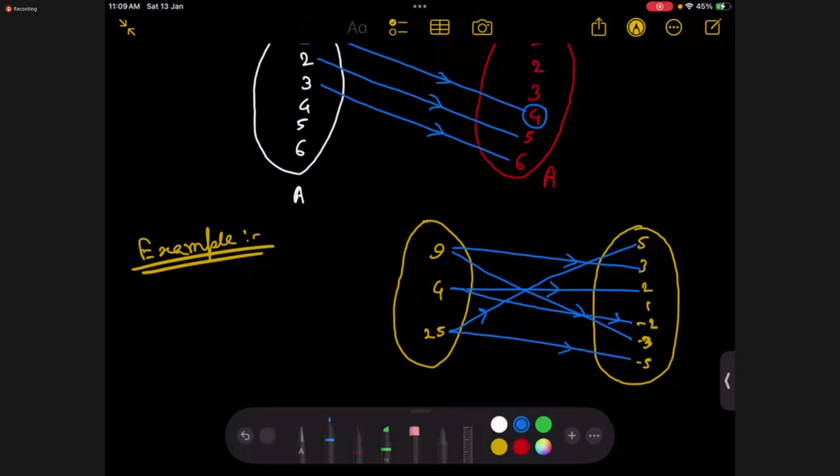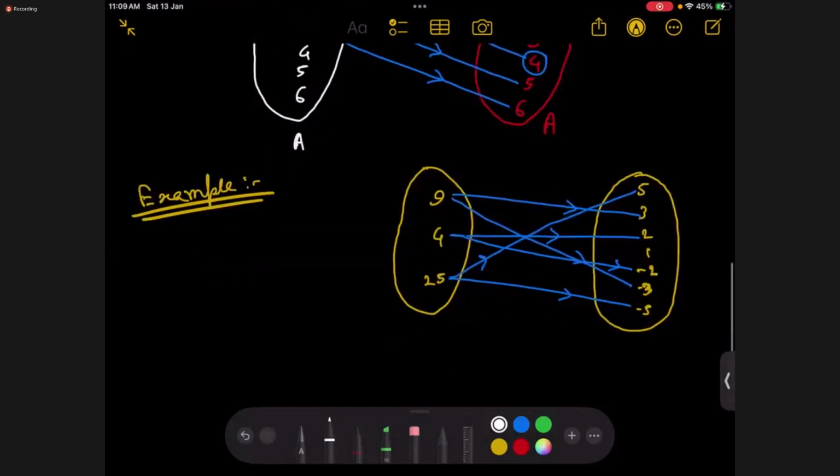So this is one very important example of a relation, and we will need this example further in the next section before going to the function. So please recall this relation.